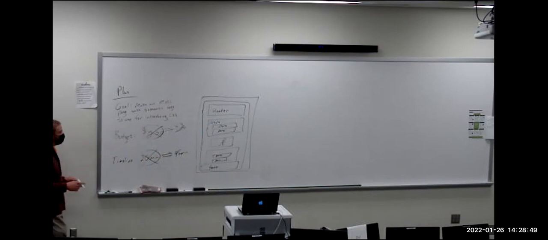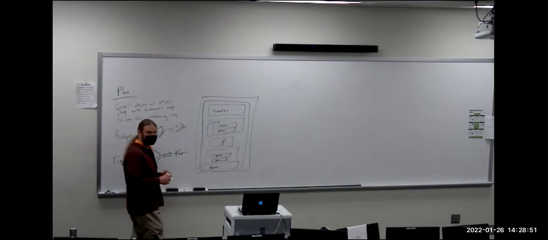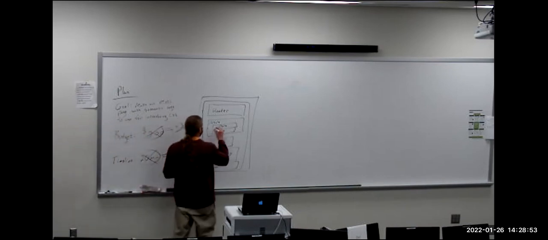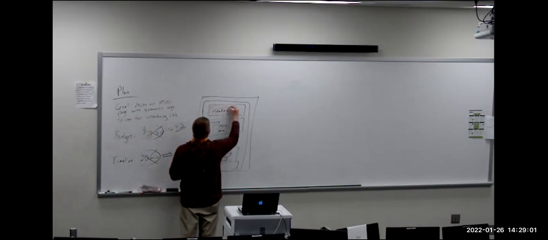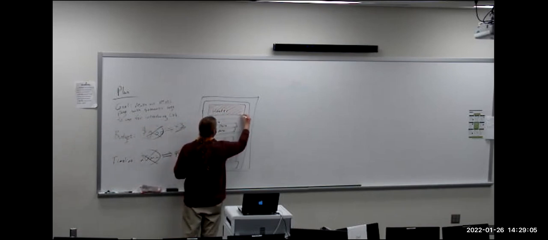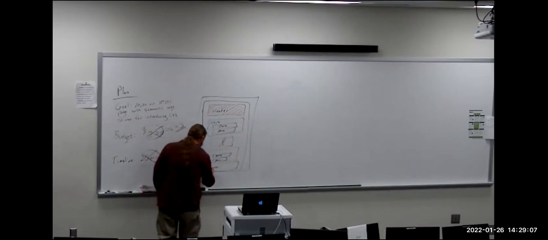So we're not going to get too far into styling it, but I did go ahead and grab the color markers so we could start doing something to at least get to the background colors and the color of the text. So maybe we can give the header a red background. And the footer, yeah.